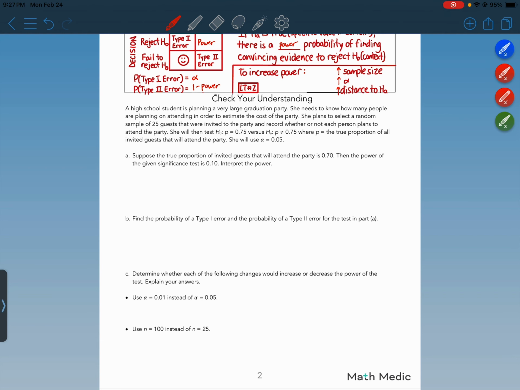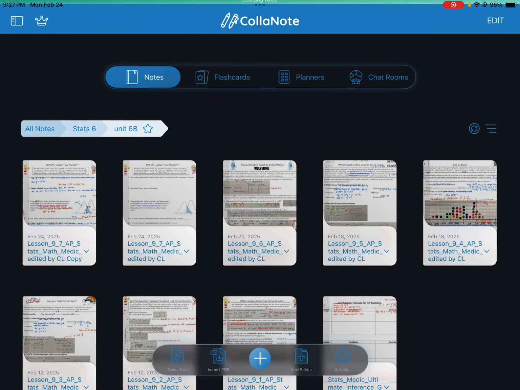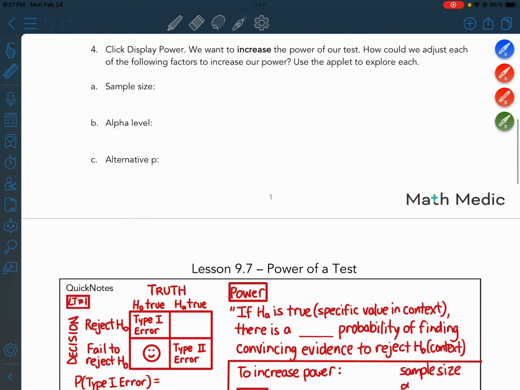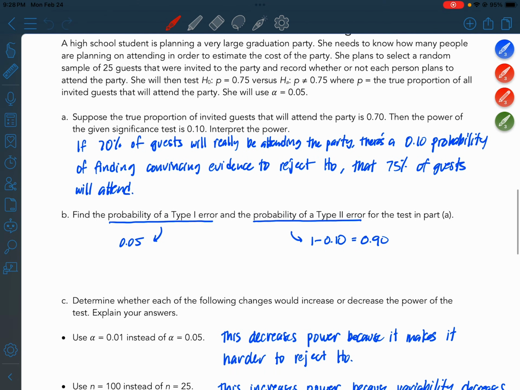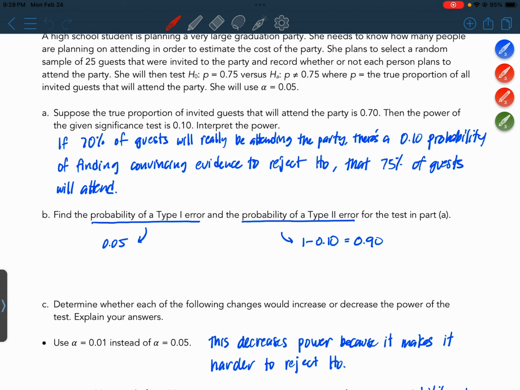All right, so let's go ahead and debrief and check the answers here. Question part A, the interpretation of the power. If 70% of guests will really be attending the party, there's a 0.10 probability that we'd find convincing evidence to reject the null, and that is that 75% of guests will attend.